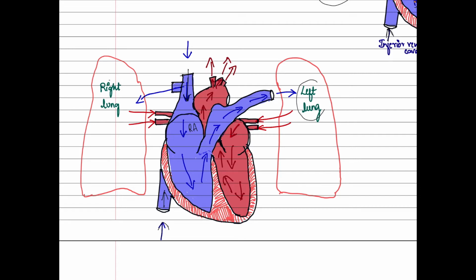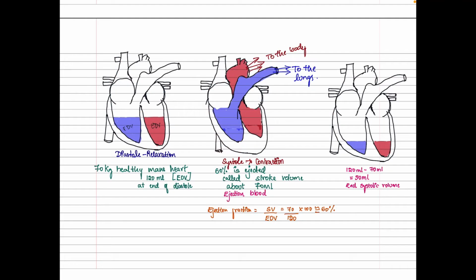It then goes to the left lung and right lung through the pulmonary arteries, and after oxygenation, this blood comes through the pulmonary veins to the left atrium, and then to the left ventricle, and the left ventricle pushes the blood through the aorta to the body. This is the systemic circuit.